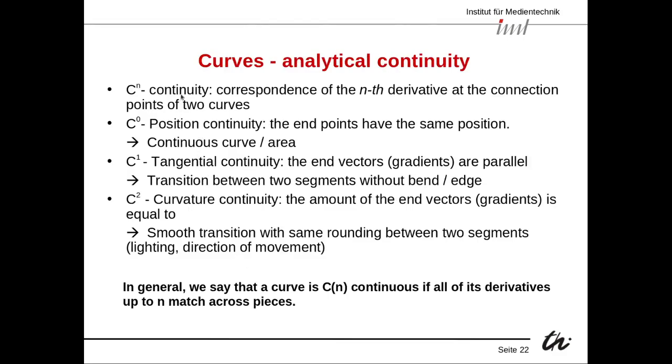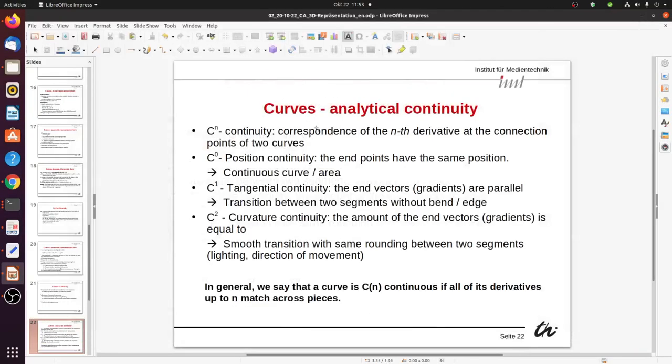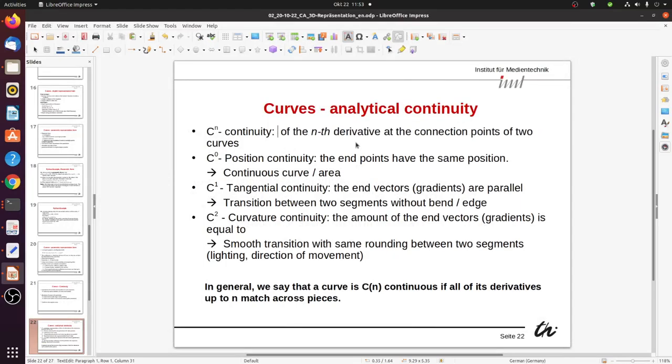Yeah, and this condition also applies to areas, not just curves. So we define the smoothness by C continuity, right? This is the correspondence of the nth derivative at the connection point of two curves. Yeah, so this should mean continuity of the nth derivative at the connection points.